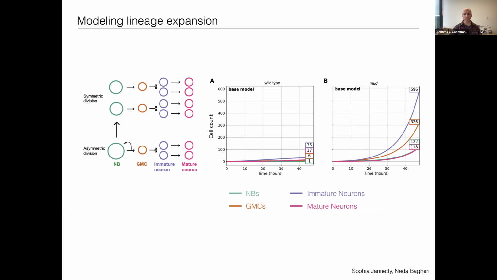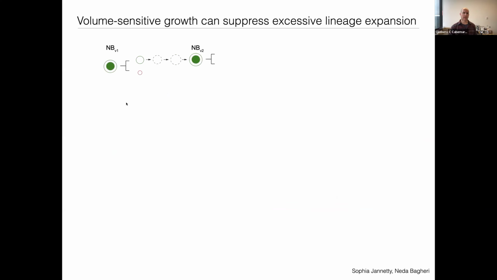So one thing we know is that these neural stem cells, when they divide asymmetrically, they usually have to grow back to their threshold or original volume before they can divide again. However, in symmetric divisions, because they divide symmetrically, they usually end up smaller compared to their parental neuroblasts. And so it would essentially take them longer until they achieve this threshold volume.